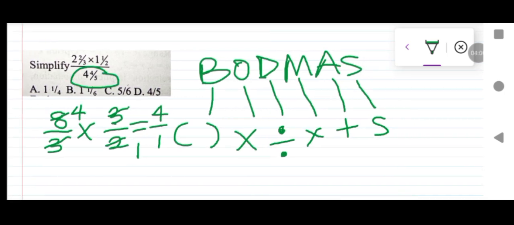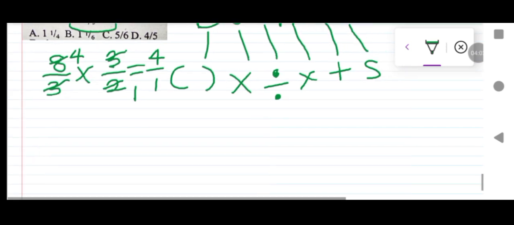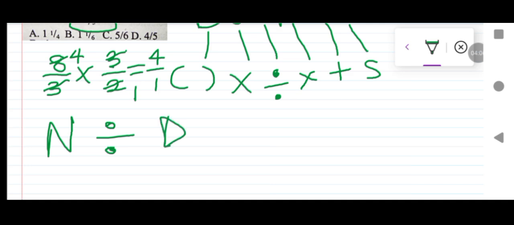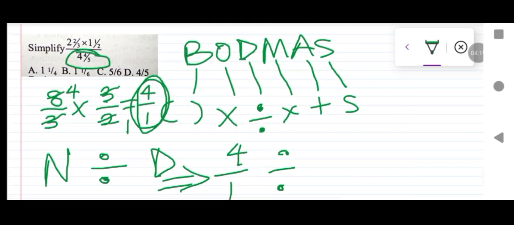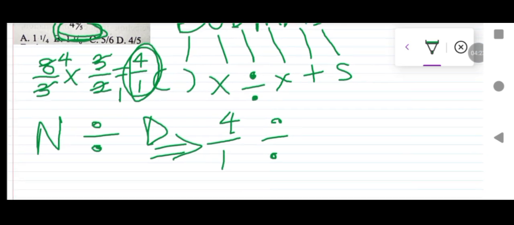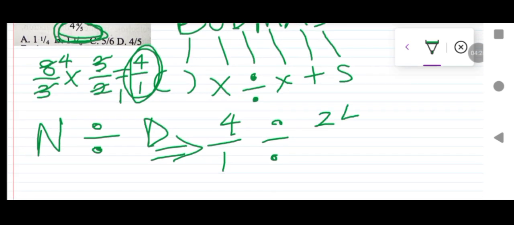So don't forget that you are having numerator divided by denominator. And as we already calculated, this is our numerator right here, right? So that implies 4 over 1 divided by our denominator, which we checked just now, which is 24 over 5, right? 24 over 5.